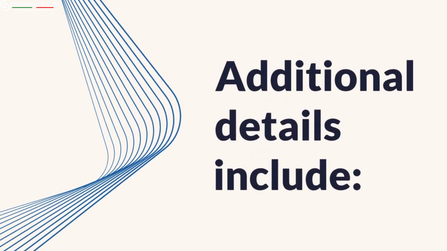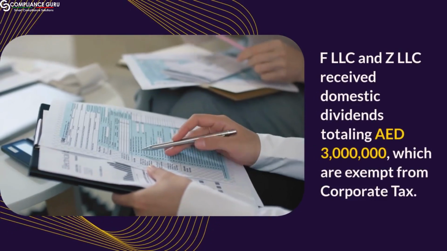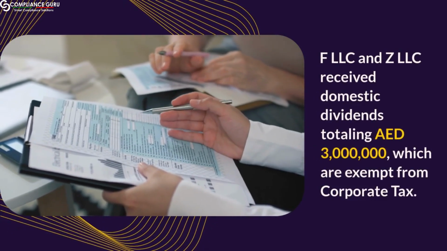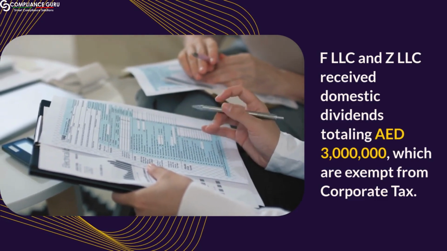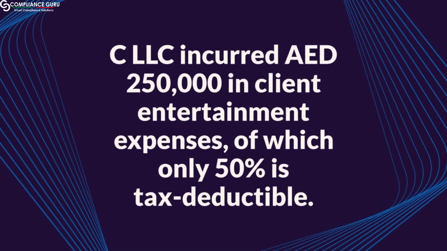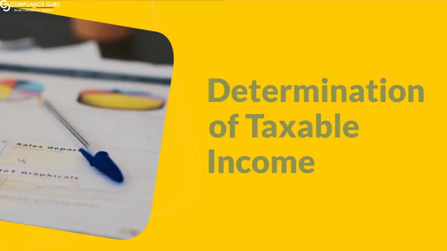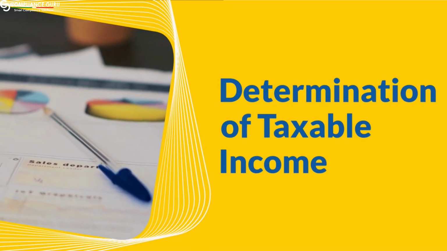Additional details include: F LLC and Z LLC received domestic dividends totaling AED 3 million, which are exempt from corporate tax. C LLC incurred AED 250,000 in client entertainment expenses, of which only 50% is tax deductible. Determination of taxable income.